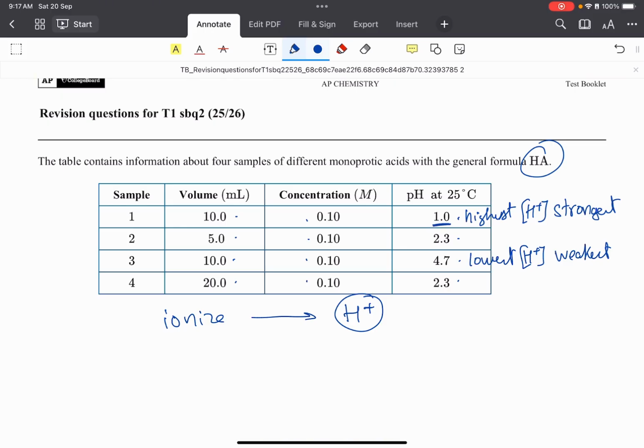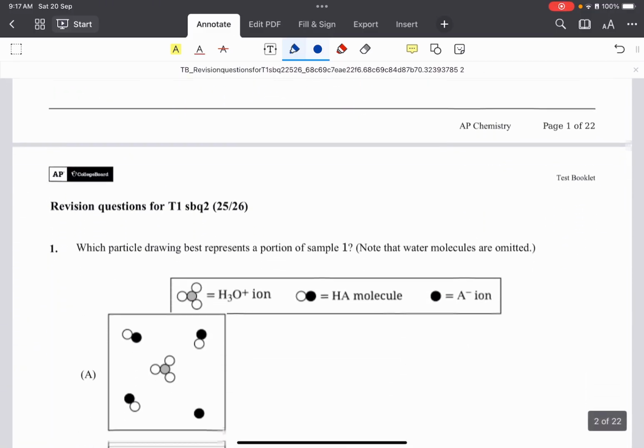Now, having a pH of 1 is a really strong acid. Now, 2 and 4 seem to be the same acid. So let's begin with the first question.